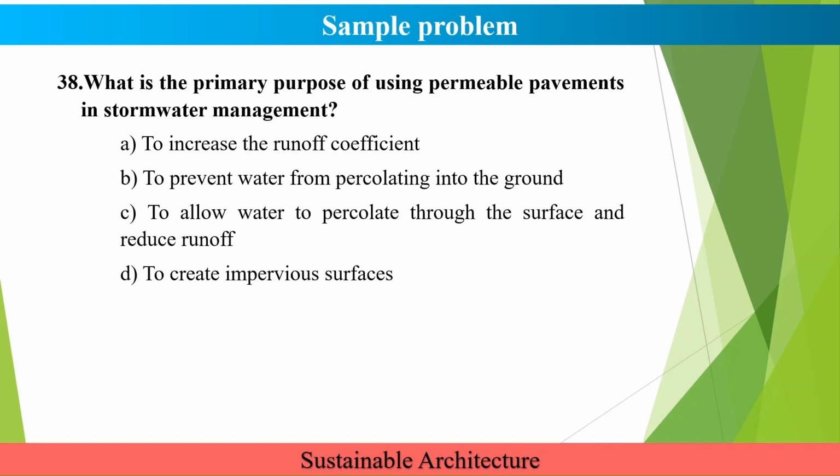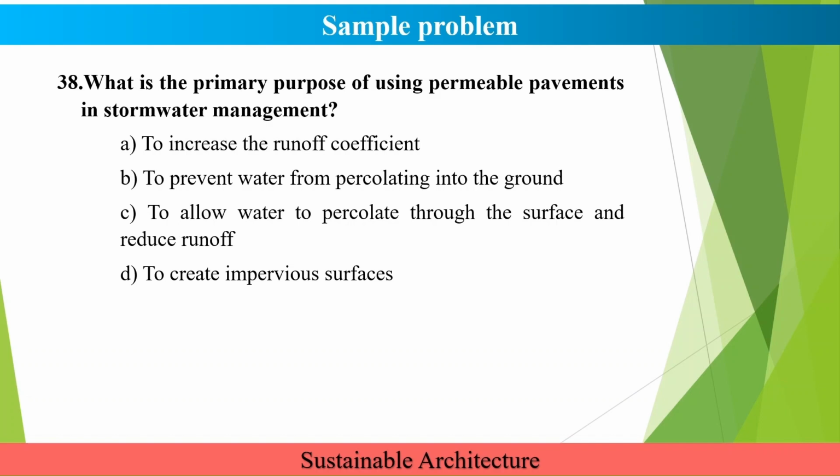So most of you have given option C, and option C is the right answer. As we all know, permeable pavements are used to enhance the water infiltration into the ground, thereby reducing the surface runoff. So can we move to the next question?